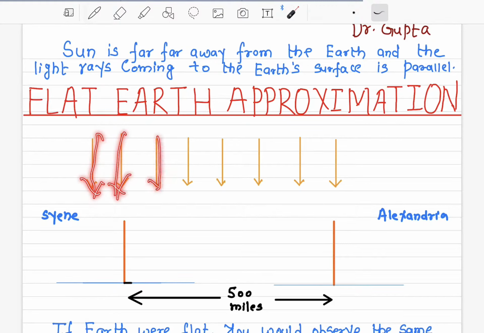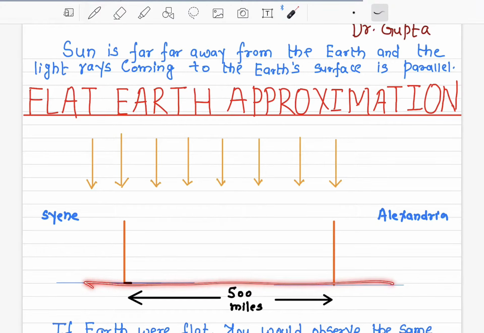So these light rays represent the parallel light rays coming from the sun's surface. And if the light rays are parallel, and if we assume the earth is flat, then the length of the shadow would be exactly the same. But that was not the case.